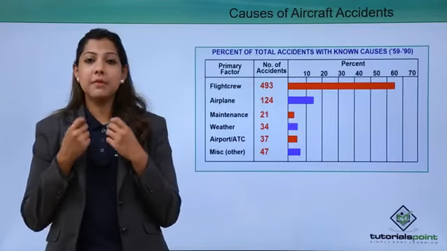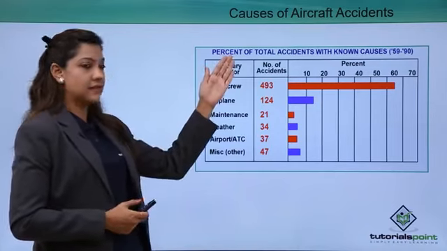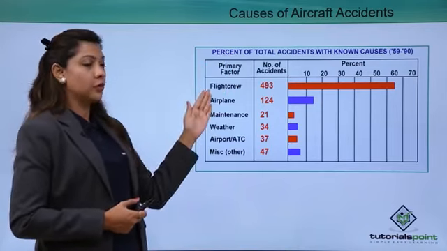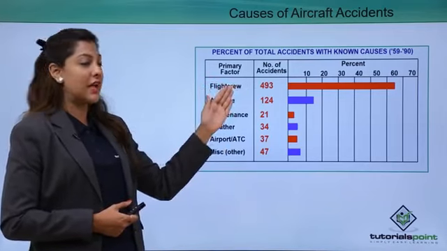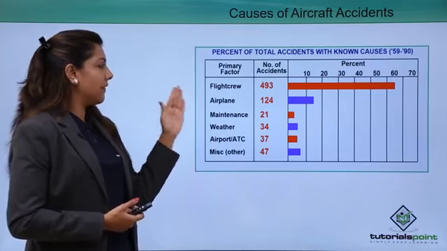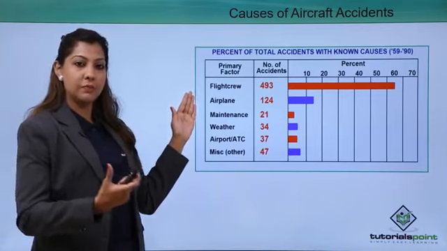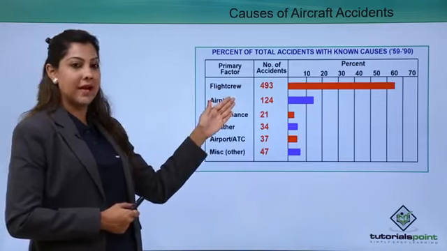Well, to throw some highlight on what are the other causes which can lead to certain accidents in the aircraft, the flight crew astonishingly has 493 accidents which have happened because of flight crew miscommunication between them. The airplane, meaning the outer part of the airplane as well as the inside, has caused 124 accidents.